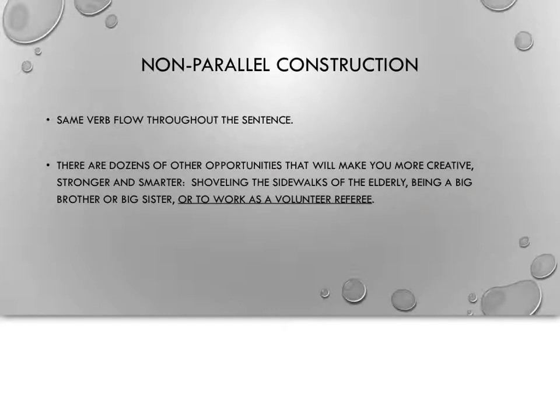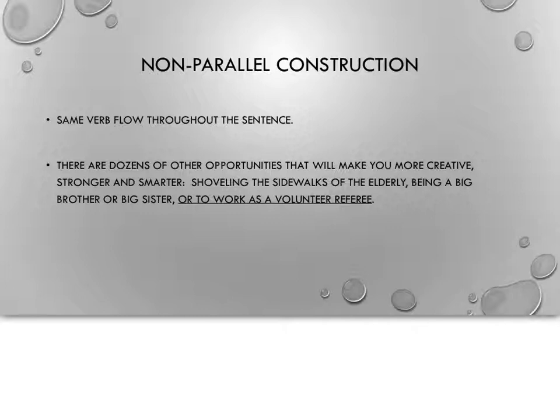Another thing that you'll see all the time on the ACT is they want you to know that the same verb form has to flow throughout the sentence. Here's a great example: "There are dozens of other opportunities that will make you more creative, stronger, and smarter." You'll see shoveling, which has an -ing at the end, then being, which has an -ing at the end.